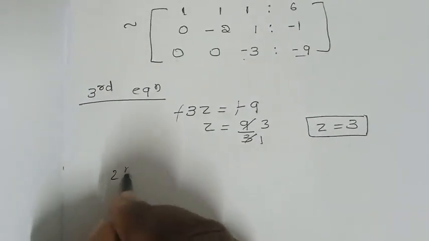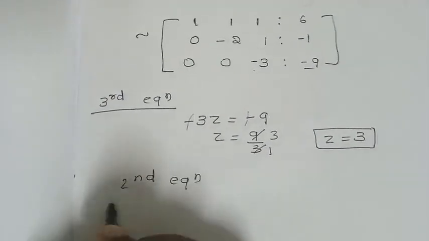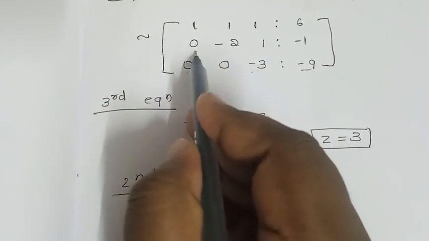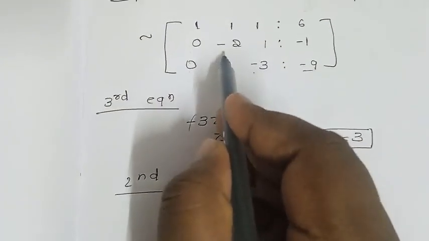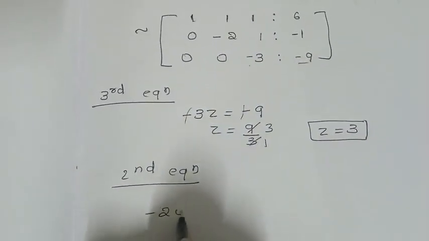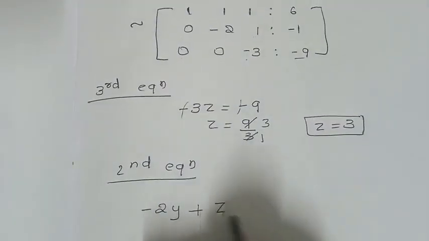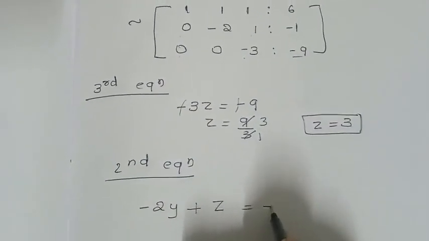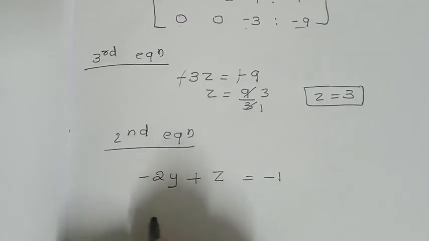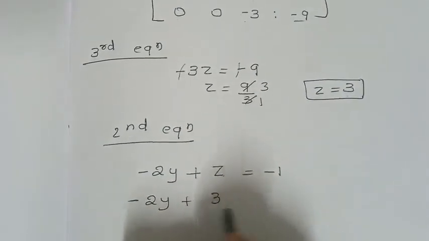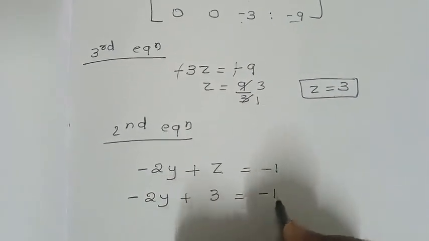After that we will go to the second equation. The x variable's value is 0, no need to take. Then the y variable's value is minus 2y plus 1z is equal to minus 1. So minus 2y plus, we got the z value as 3, equals minus 1.